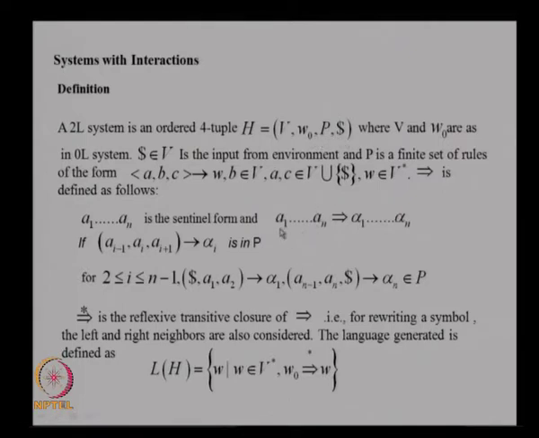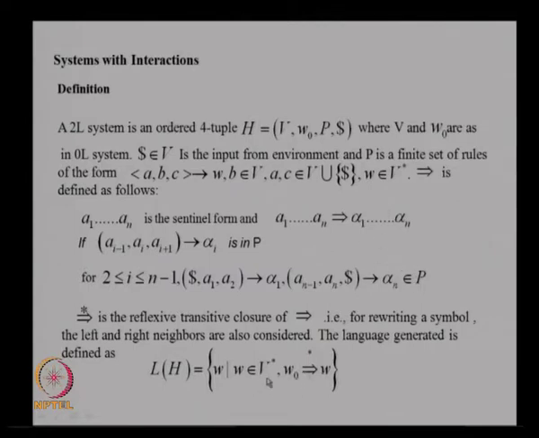So, for the first symbol, the rule will depend on the environment and the right neighbor. For the second symbol, the rule will depend on the left and the right neighbor and so on. For the last symbol An, the rule will depend on the left neighbor and the environment. The rule will be of this form. So, A1 will be replaced by alpha 1, A2 will be replaced by alpha 2 and so on.